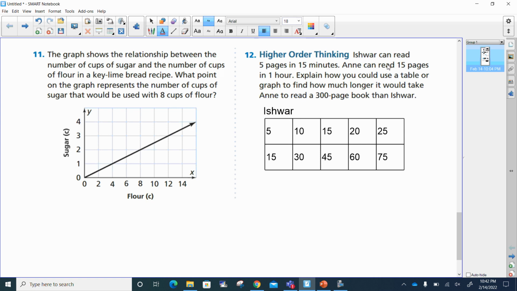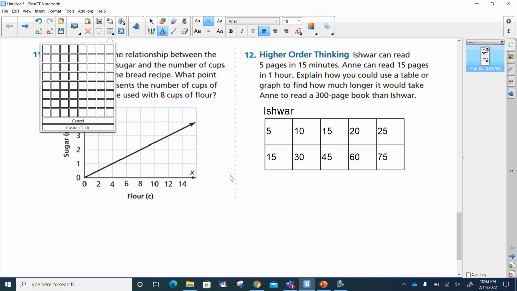Okay, now it says Anne could read 15 pages in 1 hour. 15 pages in 1 hour would be Anne, so we're talking about Anne's table.